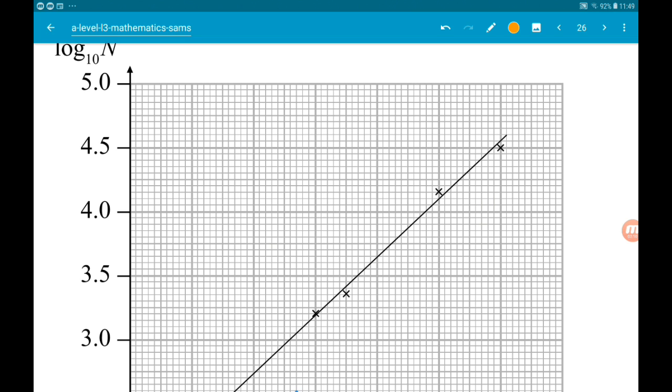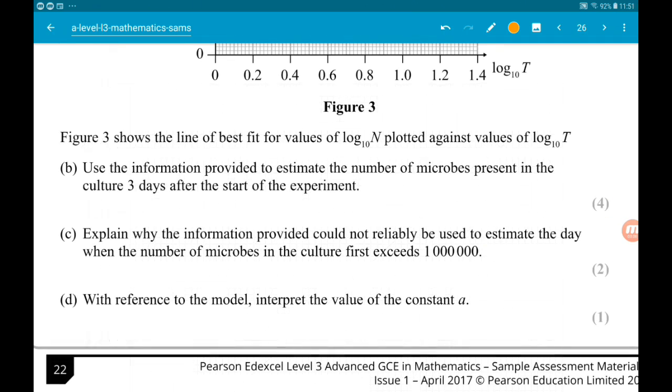Basically, we can't rely on this model indefinitely for any given period of time. Okay, then for part D, with reference to the model, interpret the value of the constant A.